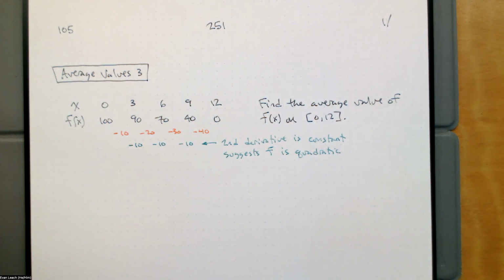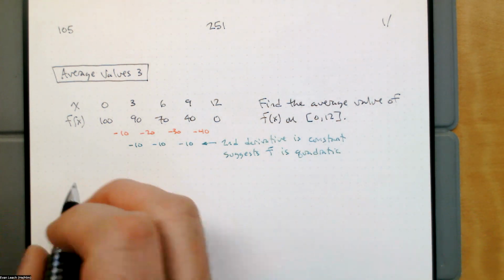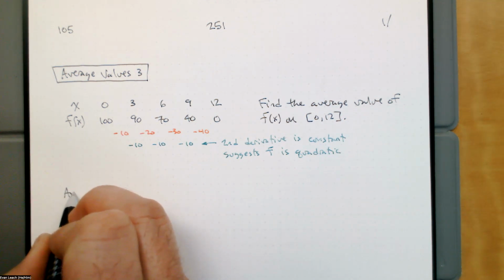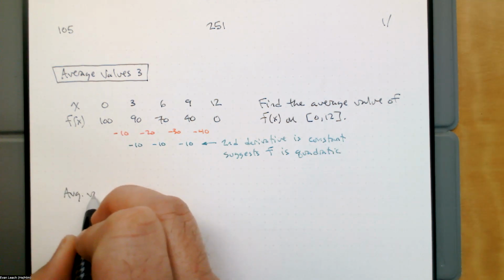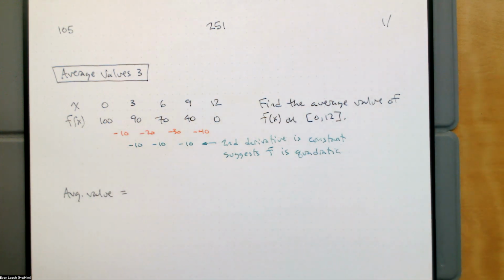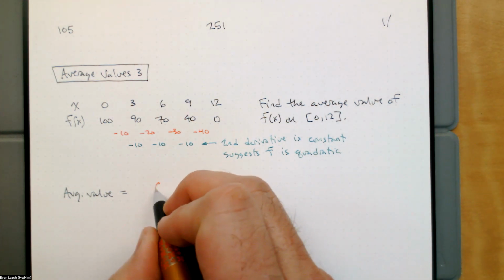All right, so we want to find the average value of f of x on the interval from 0 to 12. So we're going to take the definite integral from 0 to 12 of f of x dx. That's us adding up all the values.